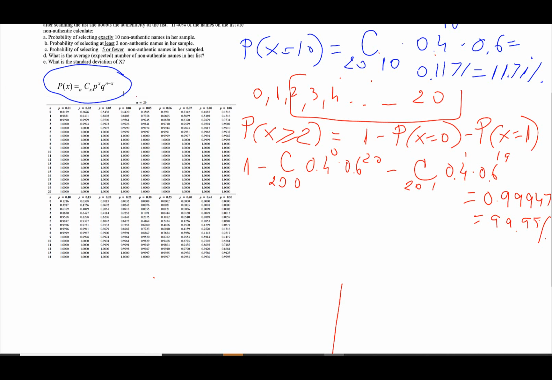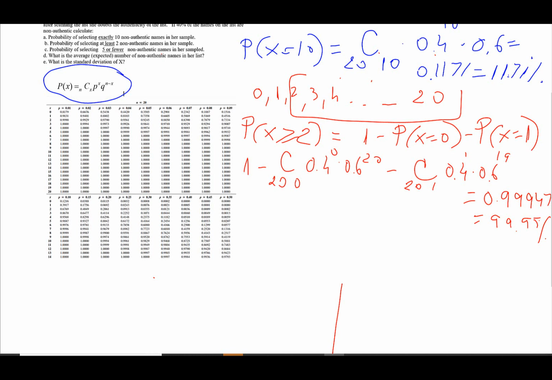I choose the table for n equals 20 and we have it in front of us. Once more, all that we can calculate based on binomial tables is a cumulative probability for x less or equal to a particular value.